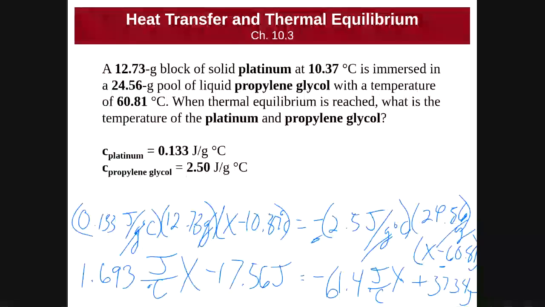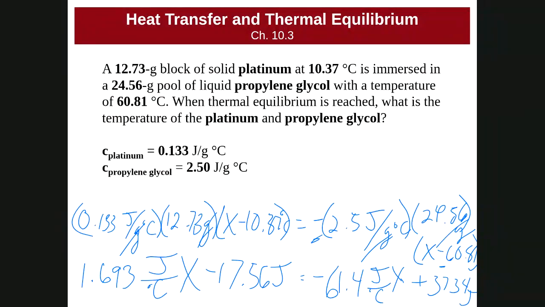All right, so we've got 1.693 joules per degree Celsius times X minus 17.56 joules equals minus 61.4 joules per degree Celsius X plus 3734 joules. All right, so now let's move our X's all to one side and our joules all to the other side.